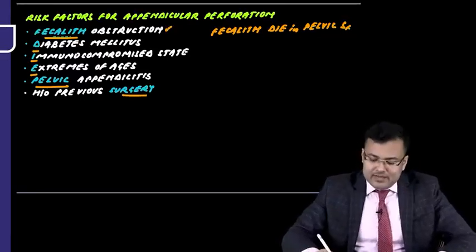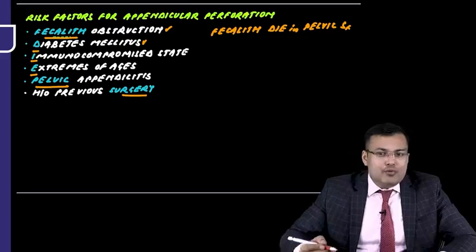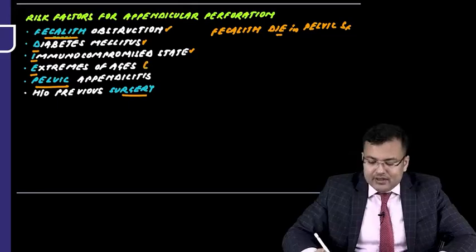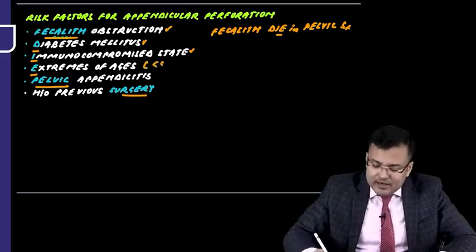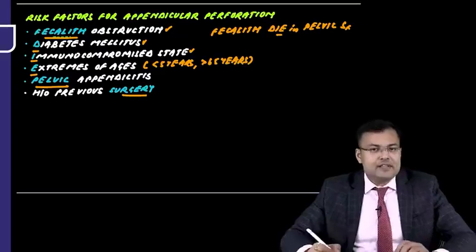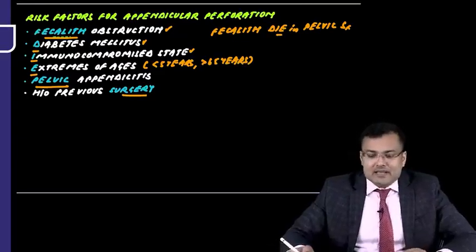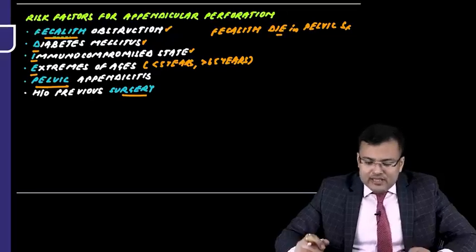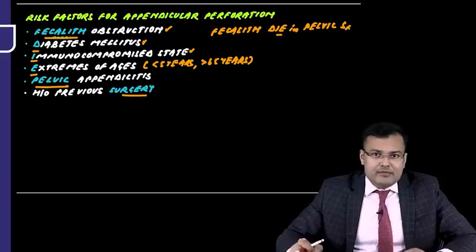D means diabetes mellitus. I means immunocompromised state. E means extremes of ages, if the patient's age is less than 5 years or more than 65 years. Pelvic means pelvic appendicitis, and Surgery means history of previous surgery. So these are the risk factors for appendicular perforation.